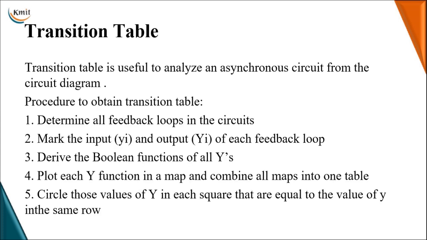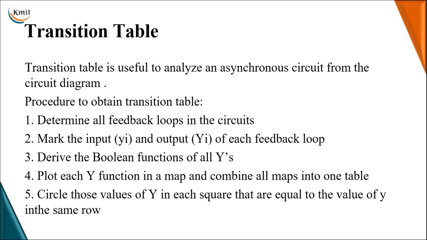So, transition table. How to write a transition table? These transition tables are used to analyze your asynchronous sequential circuit, and these tables are derived from the logical diagram of your asynchronous sequential circuits.